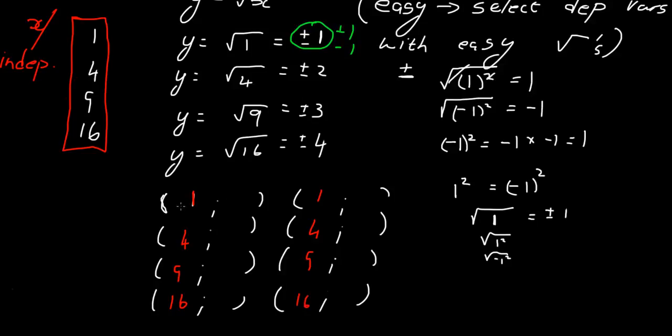Independent variable 1 generated plus 1 and minus 1 when plugged into the relation. Independent variable 4 generated plus or minus 2. Independent variable 9 gave plus 3 and minus 3. And 16 gave plus 4 and minus 4.